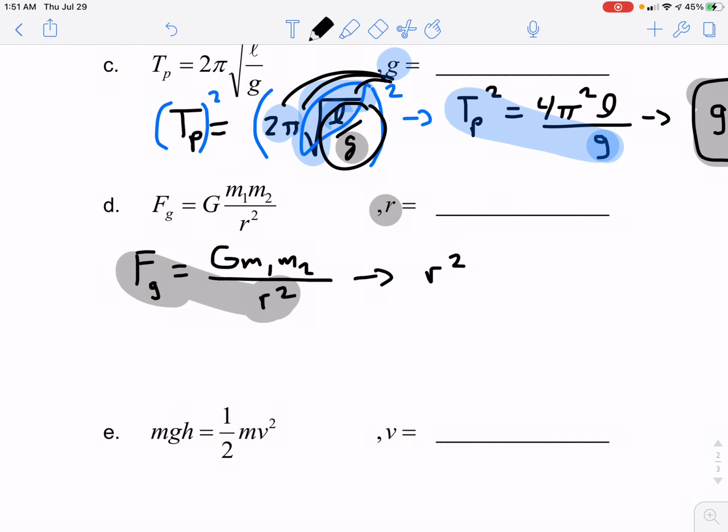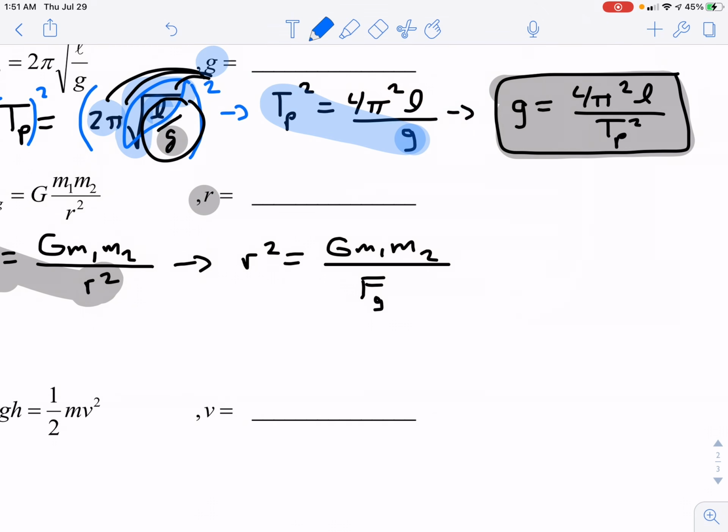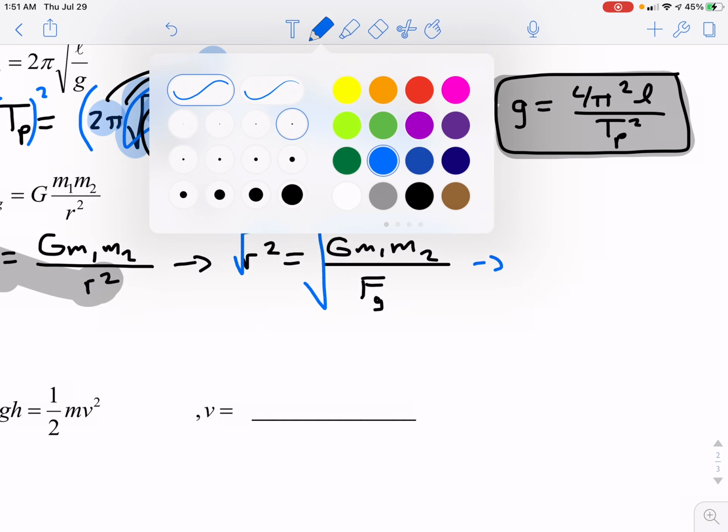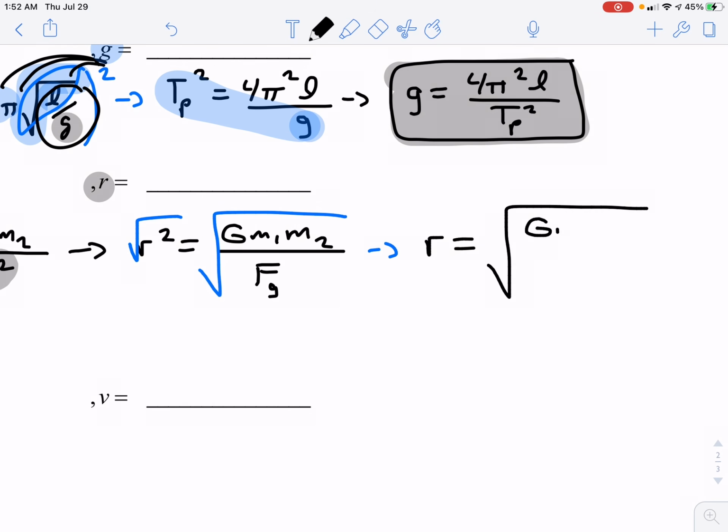And we get R squared is equal to big G times M1 times M2 all over F sub G. Square root both sides, and we're done. R is equal to the square root of big G M1 times M2 over F sub G.